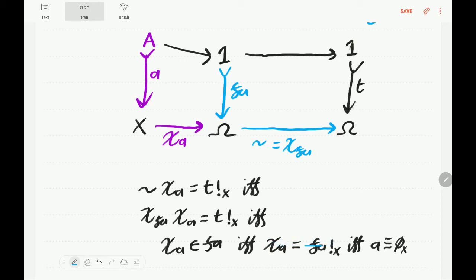Well, that means that the subobjects classified by these two arrows are equivalent. So we have that A is equivalent to the subobject classified by false after exclamation mark X, which we've just seen is 0x.